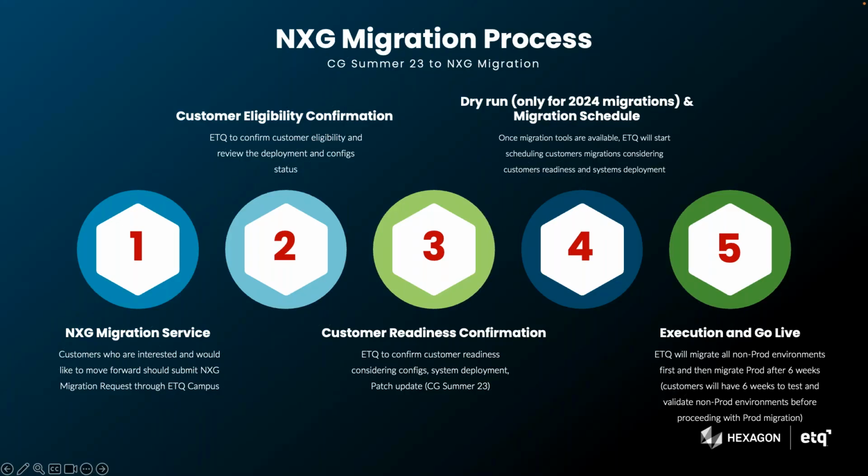Let's assume we agreed on what needs to be done and completed all prep work and added you to the queue. After that, which is step number 4 you see on the slide, we will perform a dry run on a copy of your system just to test the migration on a copy of your actual environment before we even schedule your migration project.